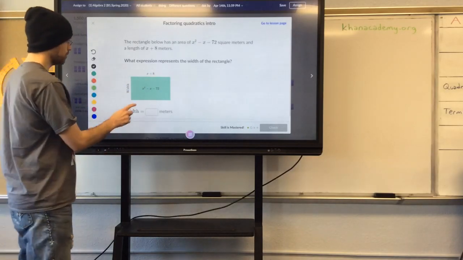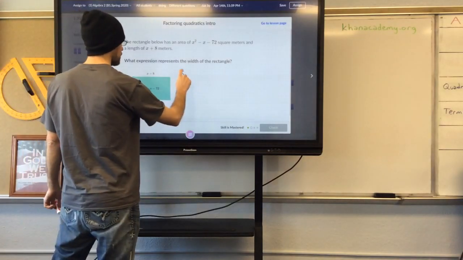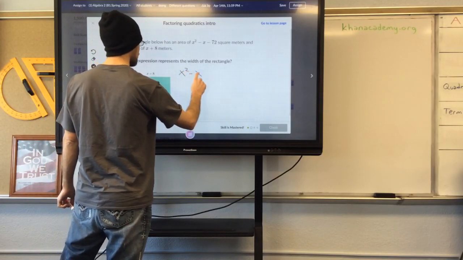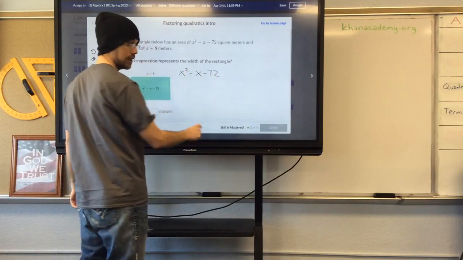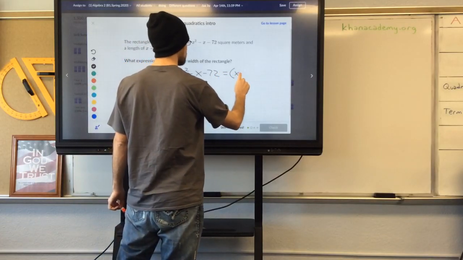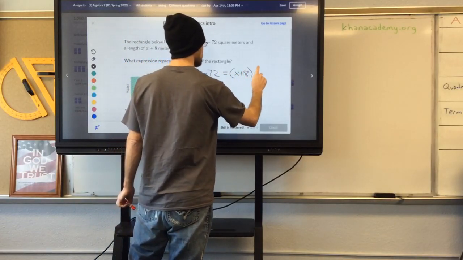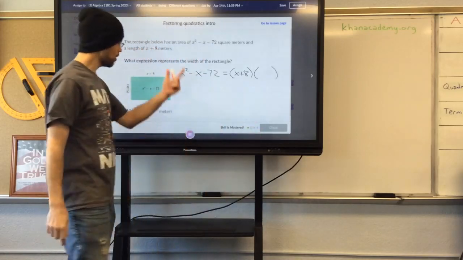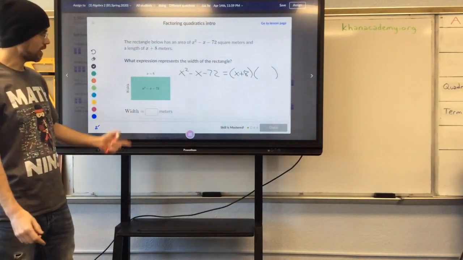So we could write x squared minus x minus 72, that's our area, equals x plus 8 times something we don't know. The width is what we don't know. That's what they're asking us about.